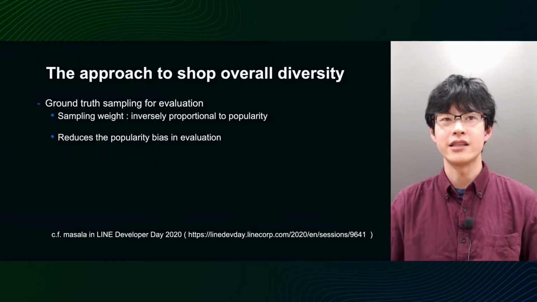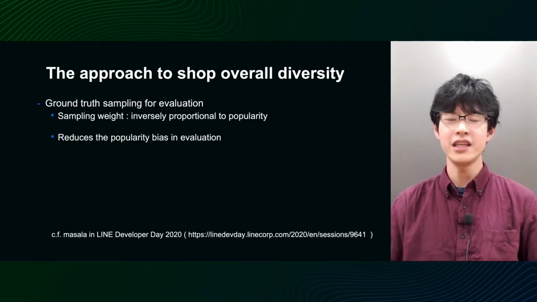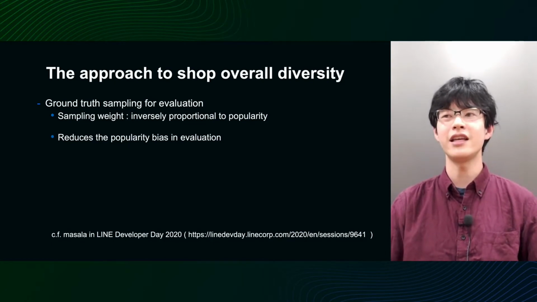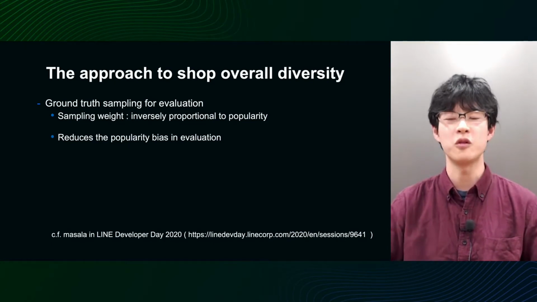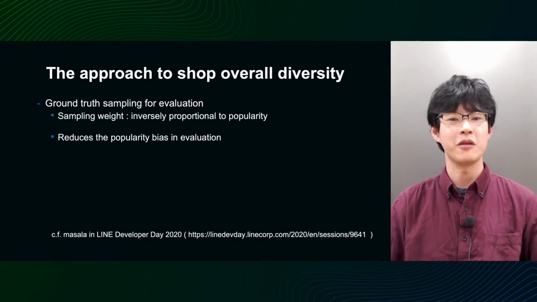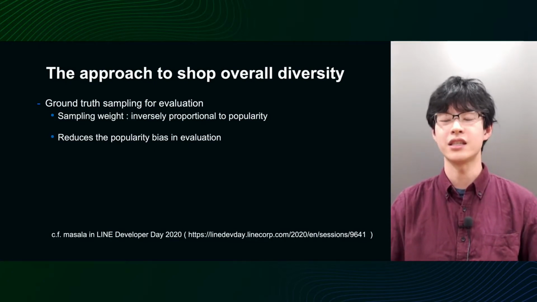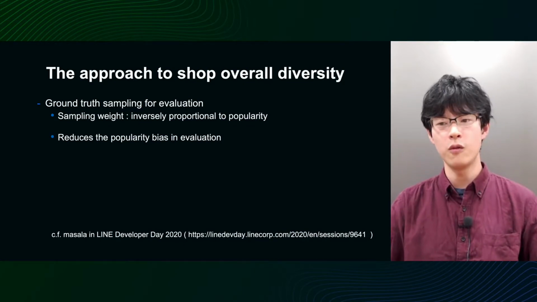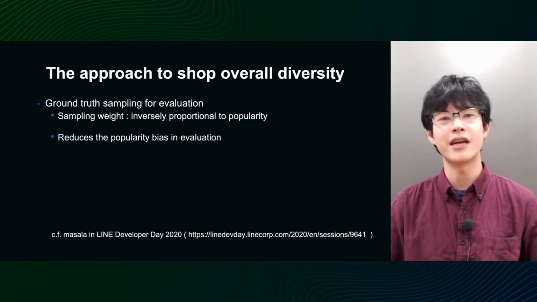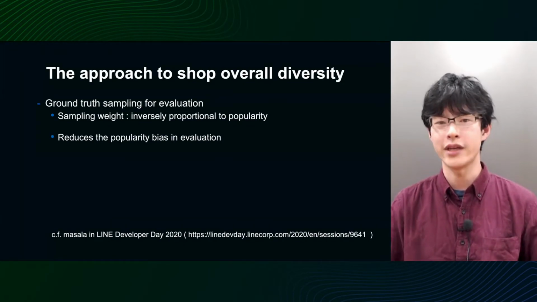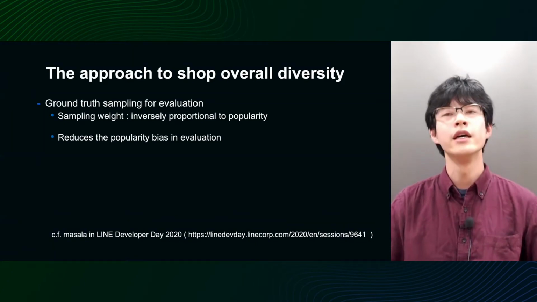First, overall diversity of merchants. The problem here is that there is a large amount of information about popular merchants, and learning with such data can result in popularity bias. So we tweak sampling for training and evaluation to reduce the bias.